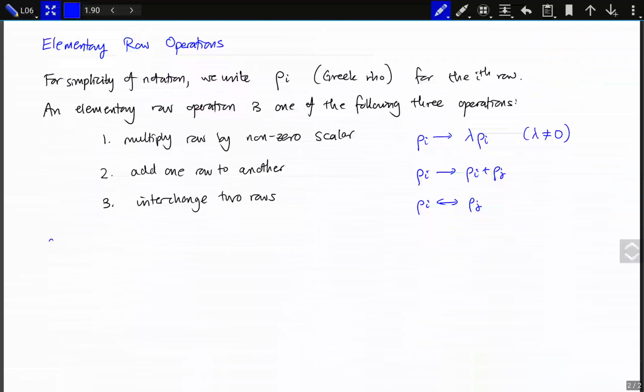So make an observation here. All three types of elementary row operation, and I'm just going to write ERO, are invertible.